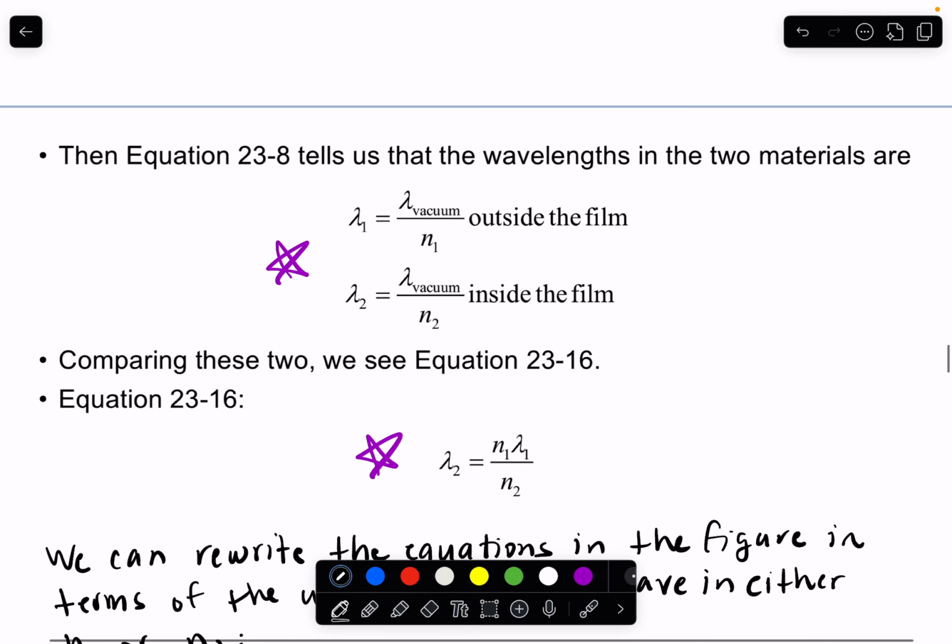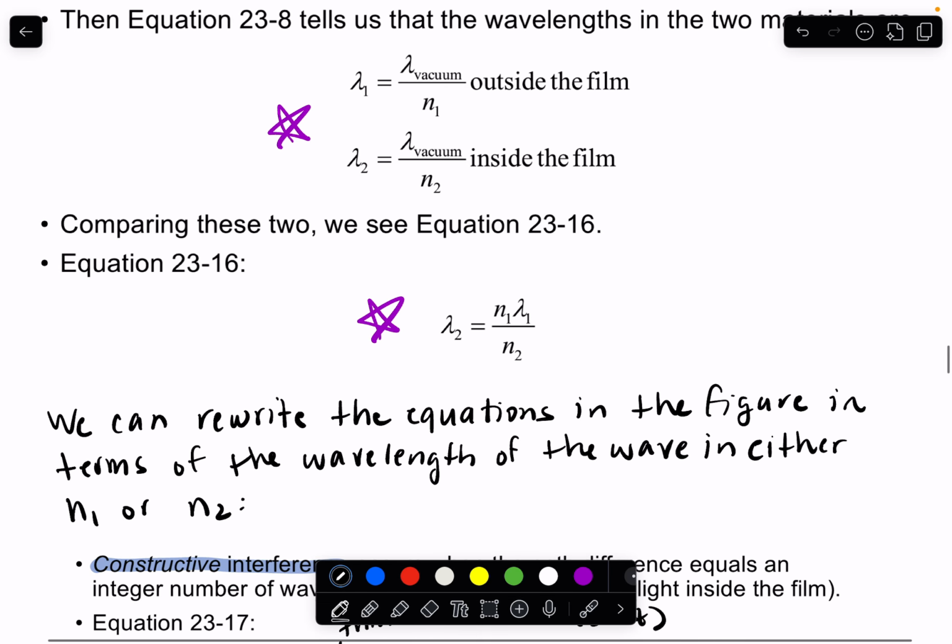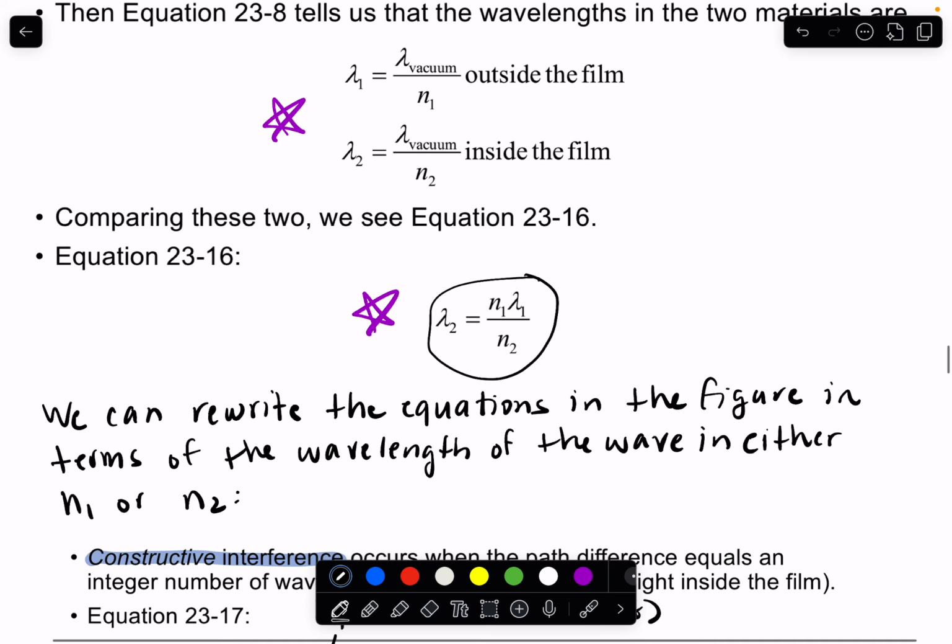So here are those written out, just what I did there. And if you don't have the vacuum wavelength and you just have wavelength 1 and wavelength 2, let's say the outside is water and the thin film is made of glass, you can just relate them like this, where N1 would be the index of refraction of the water and N2 would be the glass.